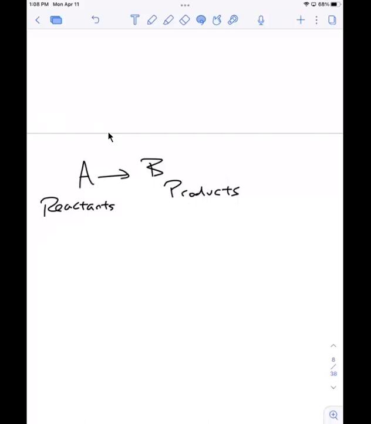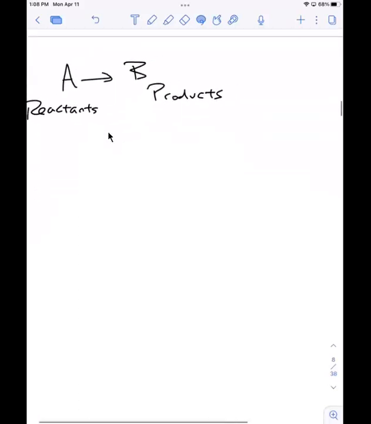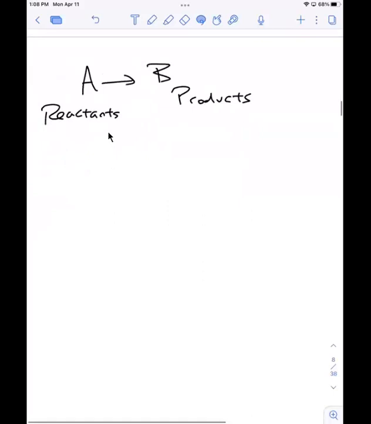So A, as matter, as a substance, has a specific type of energy associated with it. And when it's getting converted into B, that energy changes forms. It changes from the energy that's associated with A to the energy that's associated with B. And so the way we profile that is by using what we call a reaction energy diagram.